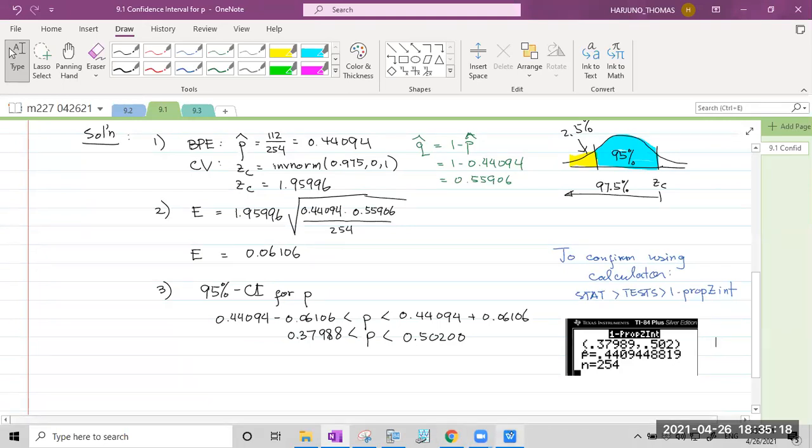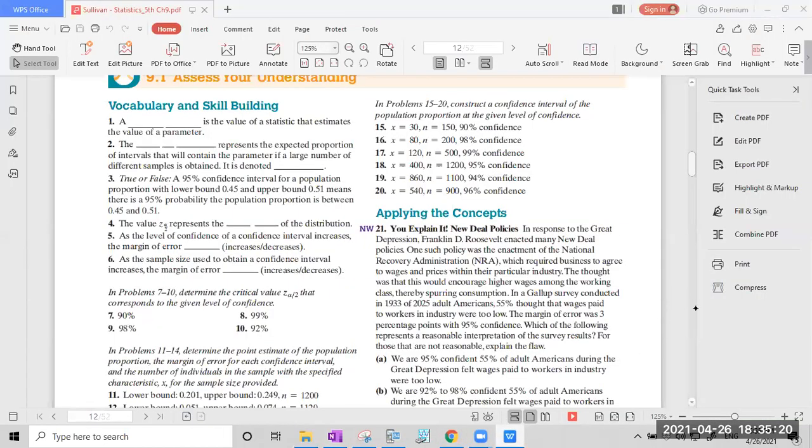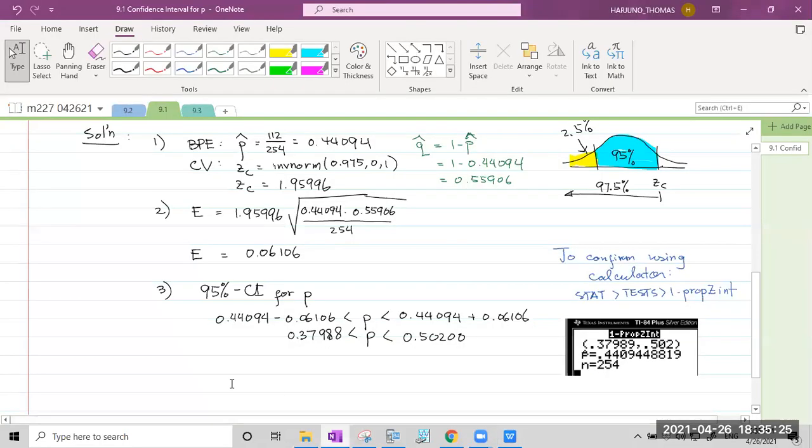And the rest of this section will be very similar. So suggested homework from here, I'll give you only one example because it's just applying the formulas.